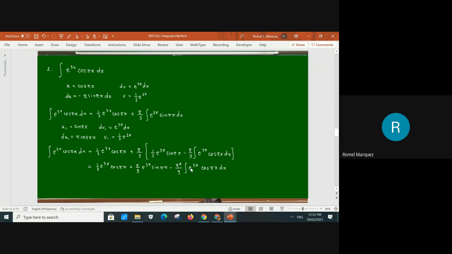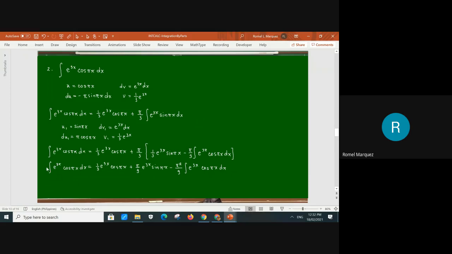So what are we going to do now? What do we transpose to the other side? To the left side. This negative pi squared over 9 times the integral of e to the 3x cosine pi x dx, when transposed, is added to this.